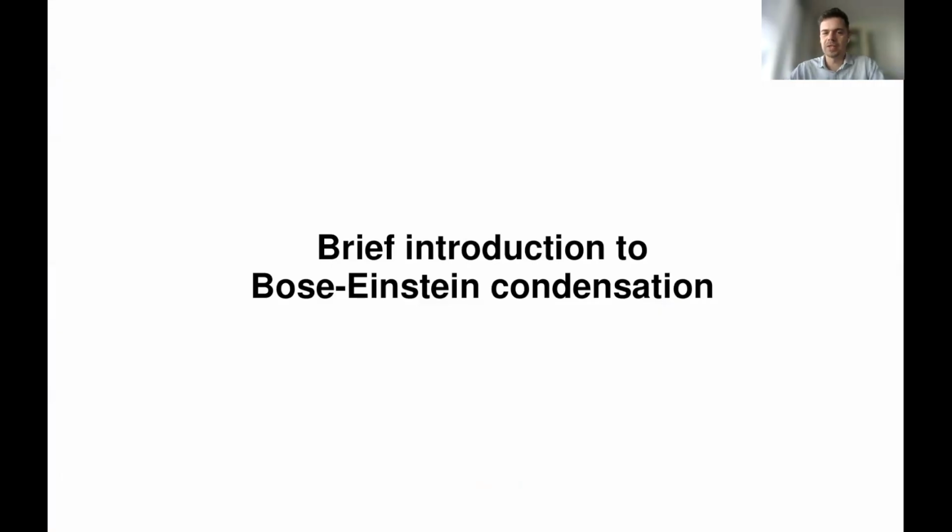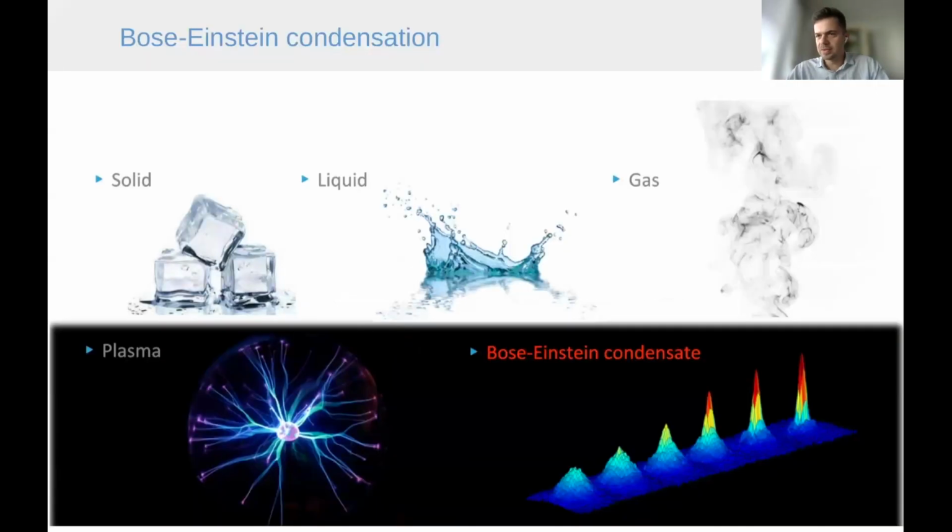I will start with an introduction to Bose-Einstein condensation. This introduction will be at a pretty basic level, aimed at students. So I will begin with some very basic knowledge. Bose-Einstein condensates can be regarded as a new state of matter.